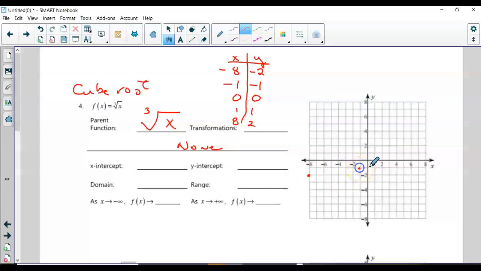Negative 1, 1. 1, 1. 0, 0, 1, 1. 8, 2. So this graph, see if I can do that a little bit better there. Comes up and makes a nice smooth curve going through.